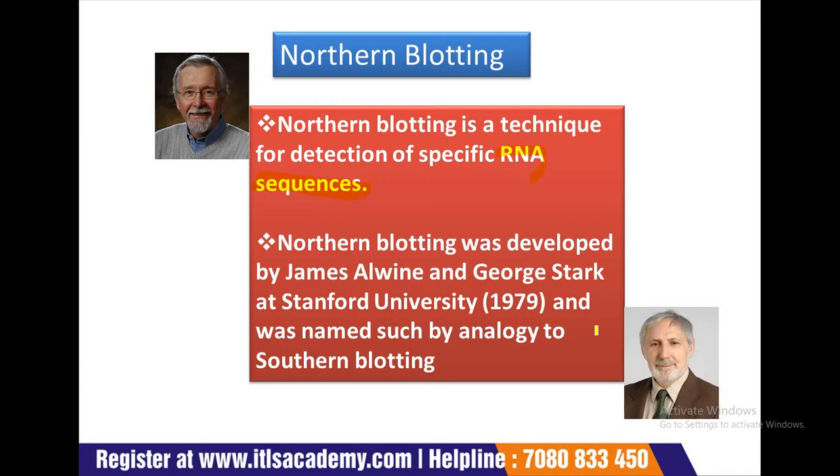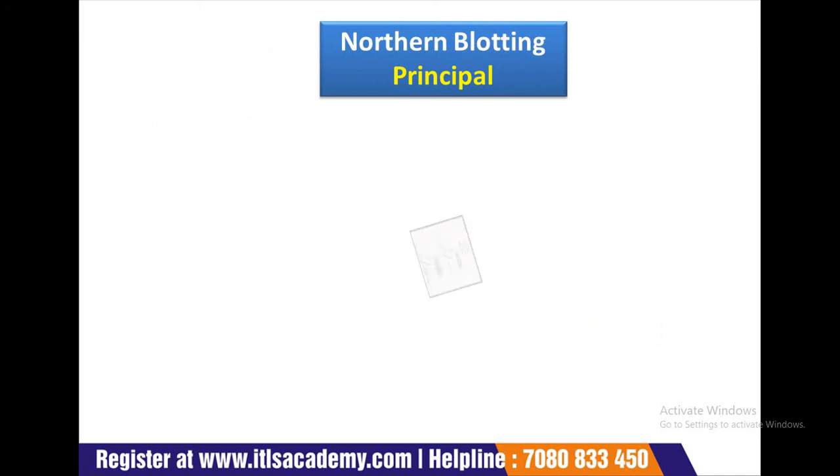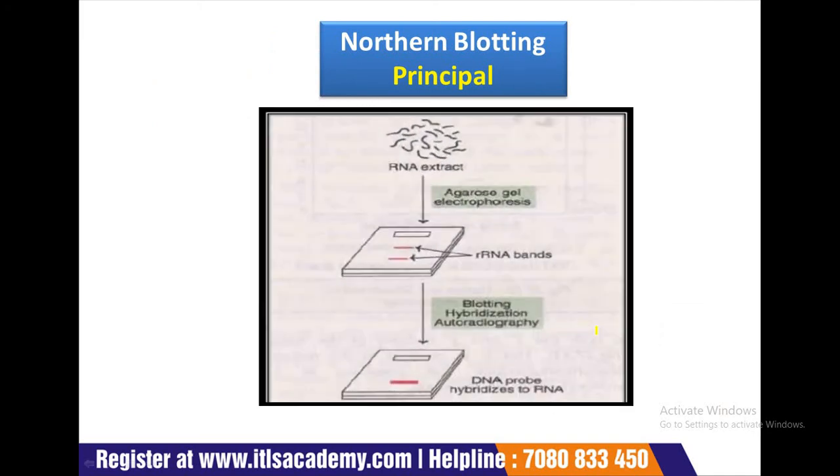So, what is the principle of Northern blotting? In Northern blotting, the sample RNA is separated on the basis of size with the help of gel electrophoresis. These are the RNA extracted, and this is separated on the basis of size with the help of gel electrophoresis. The separated RNA fragments are transferred to a support membrane. These are the membranes.